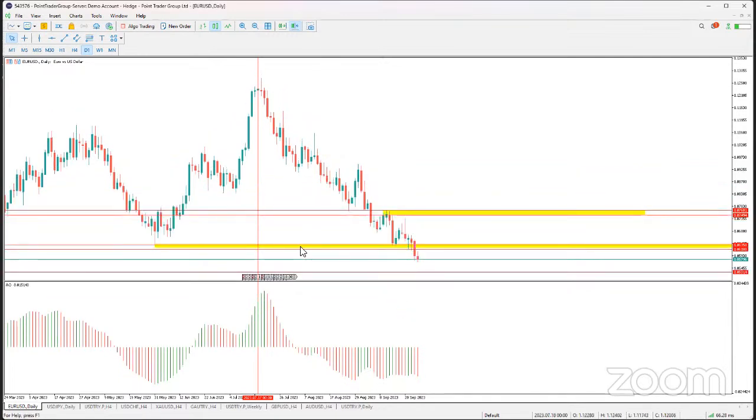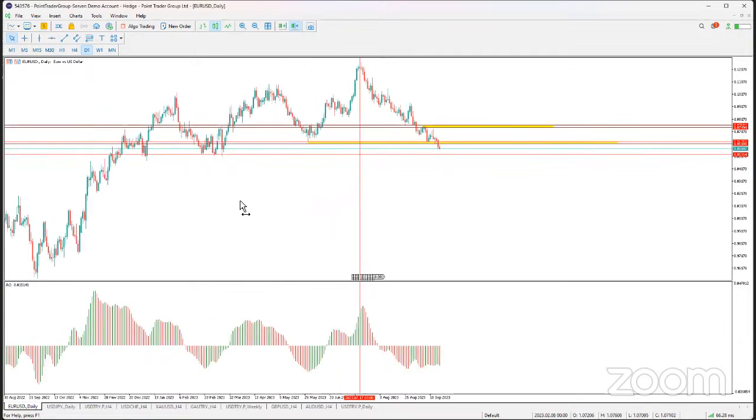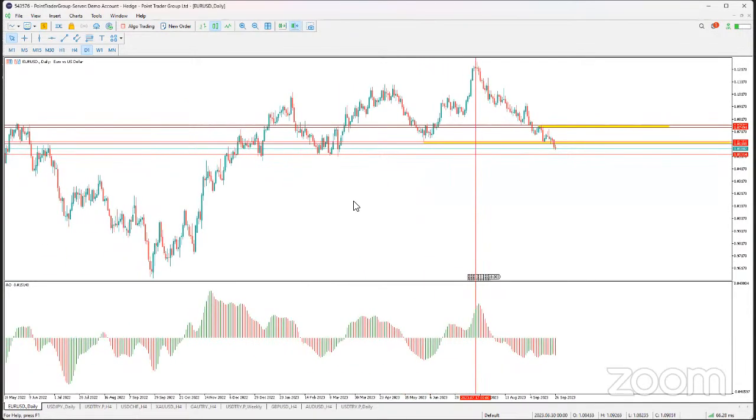I just love the awesome oscillator. Now look at the chart, try to find any kind of difference. Any kind of difference on the chart.